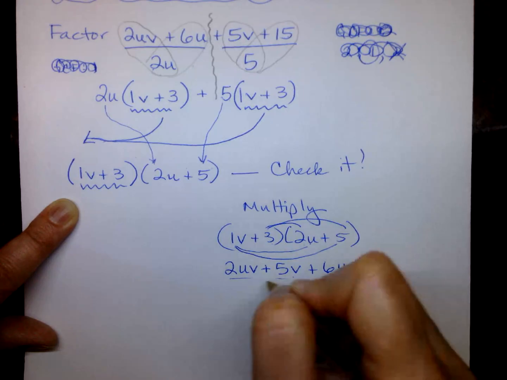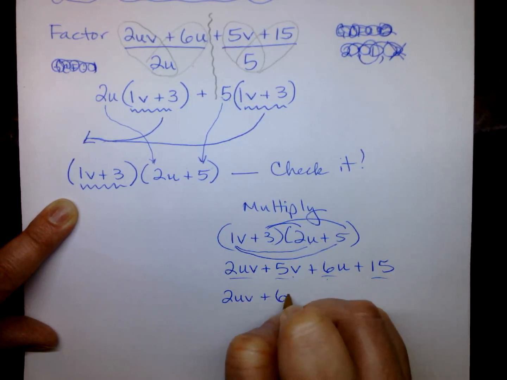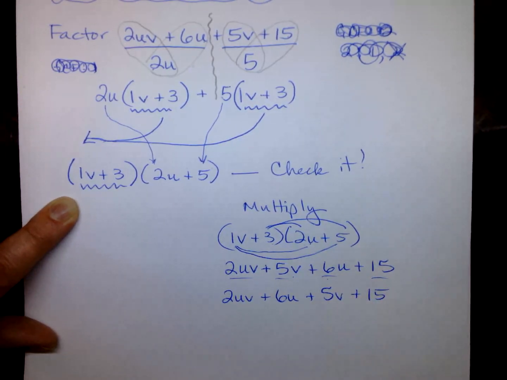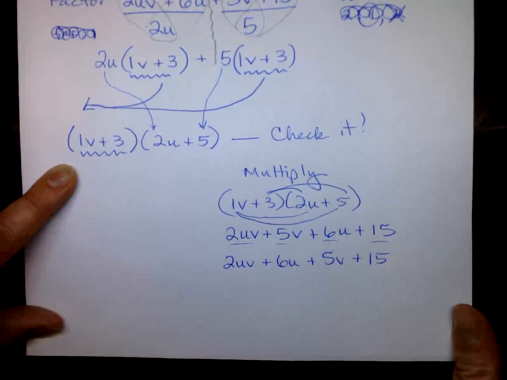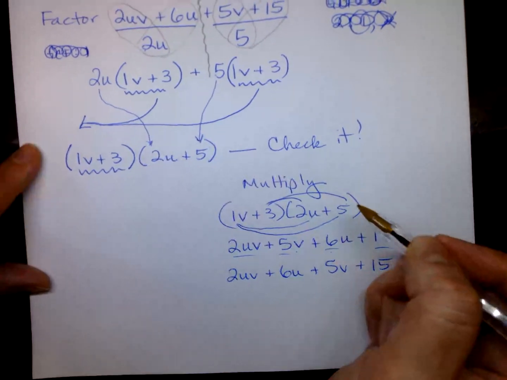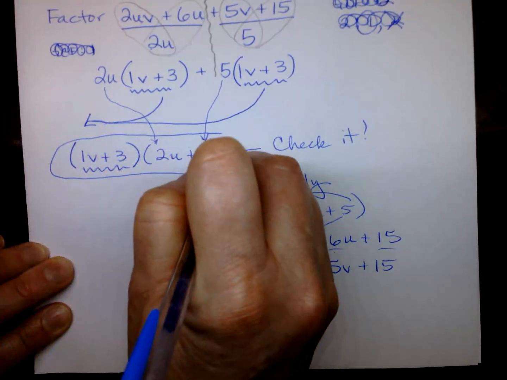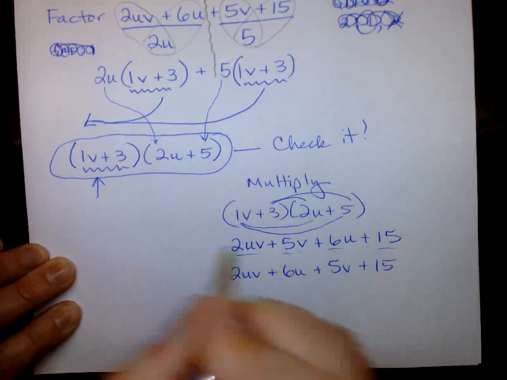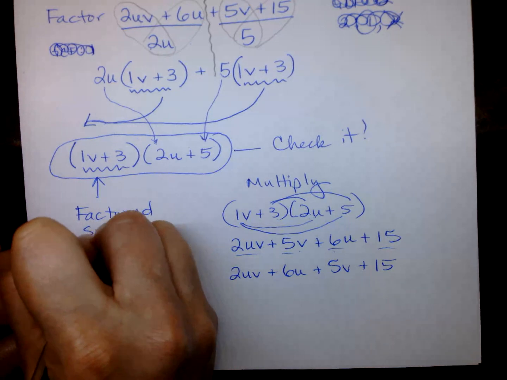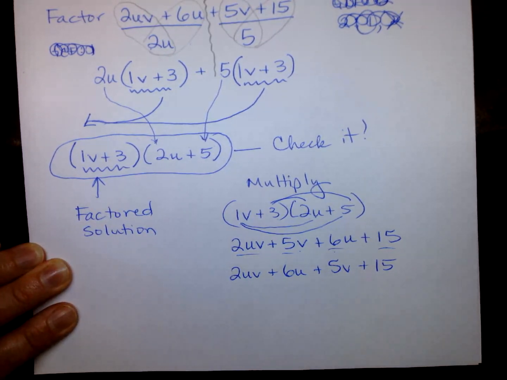So we could move these two around so that it said 2uv plus 6u plus 5v plus 15, and now it exactly matches the problem that we were given to begin with. And that's how you know that your factoring has been done successfully. So here is the answer. This right here is the factored answer. And down here, this was our check to make sure it actually was true.